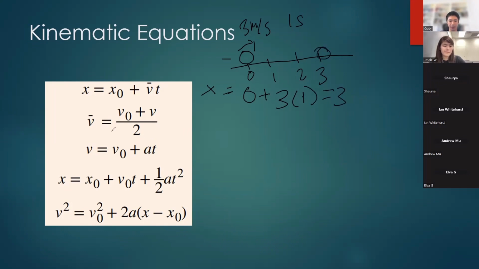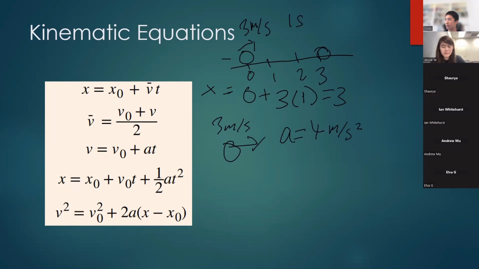The second equation is for average velocity, which is just the initial velocity plus the final velocity, divided by 2. And then the third equation is to find the velocity after a certain amount of time. It's very similar to the first one because acceleration is just the change of velocity over time. Say we have a rock moving at 3 meters per second this way, and the acceleration is 4 meters per second squared.